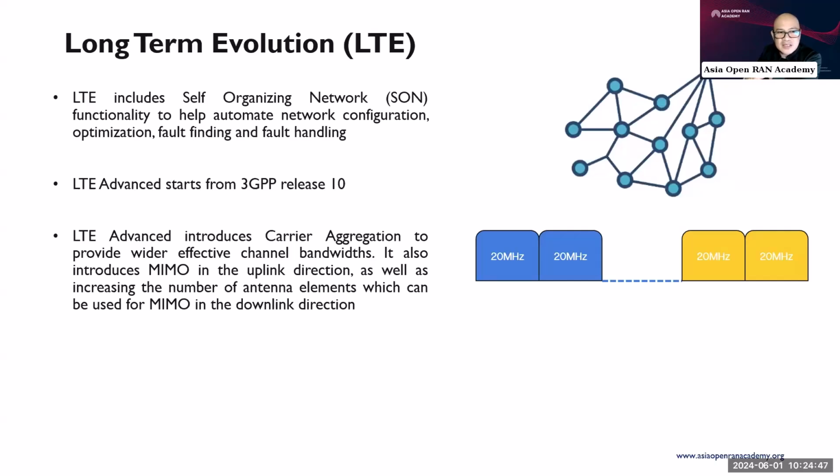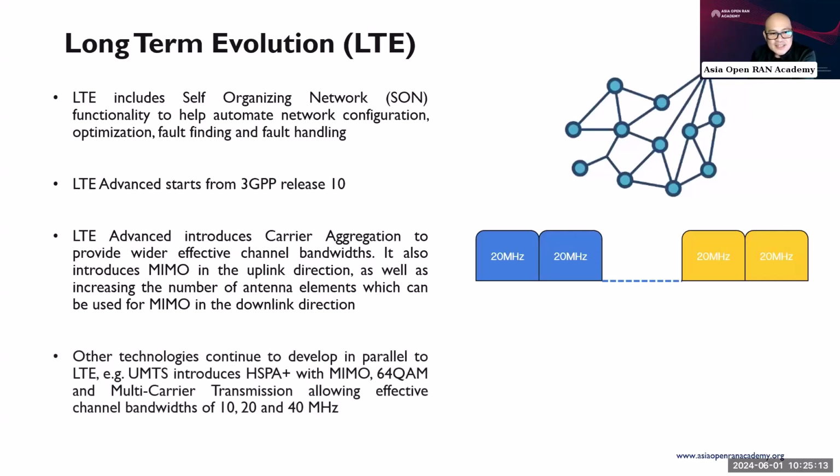In LTE 3GPP release 10, yes. We call it carrier aggregation. So it provides a wider effective channel bandwidth. And even with carrier aggregation, you can also introduce MIMO, multiple input multiple output, in the uplink as well as in the downlink. Later we will discuss what carrier aggregation is.